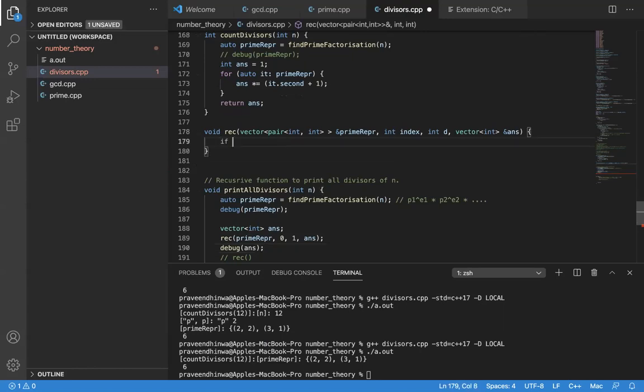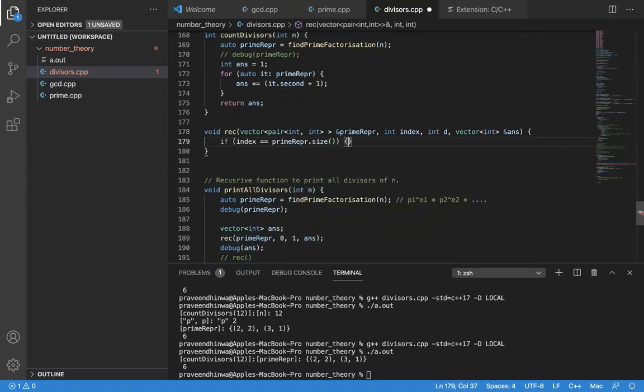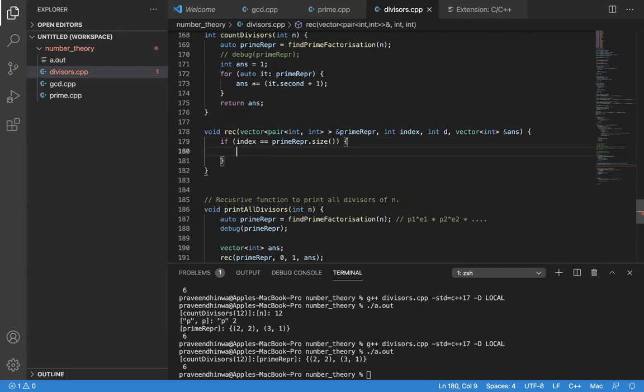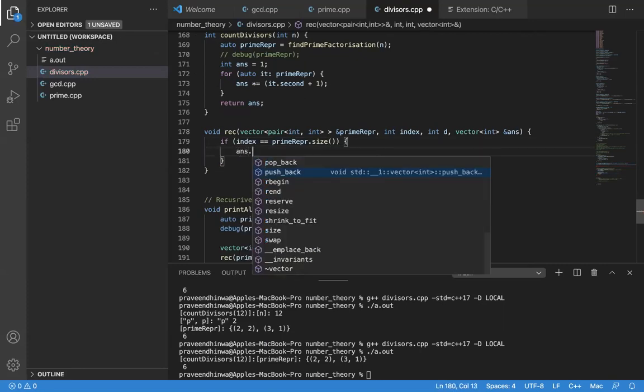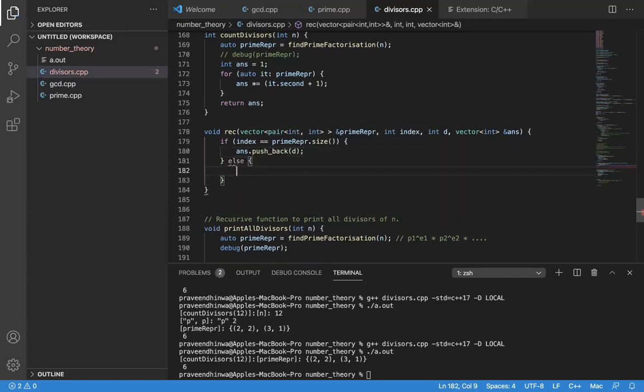So here, if index is equal to prime rep dot size, I mean, I have reached the end, so I add this D to my answer. Otherwise, what do I do? I take, let's say, E, which would be int E equal to prime rep of index dot second.